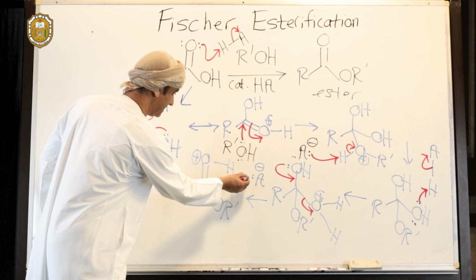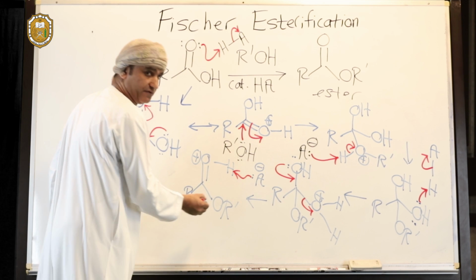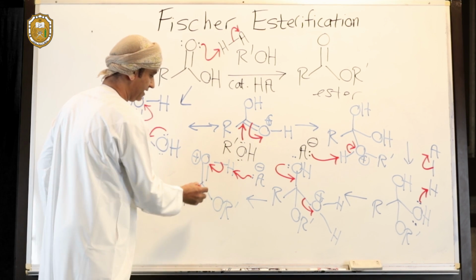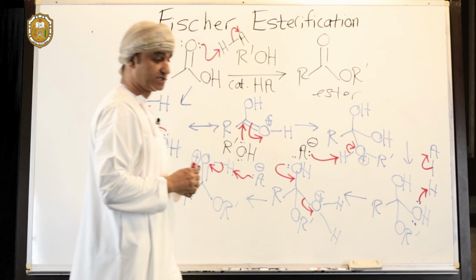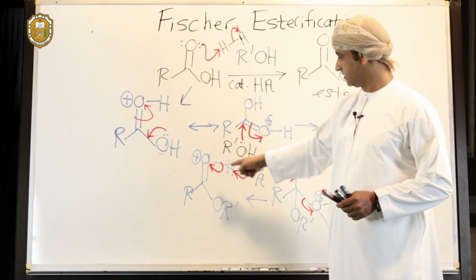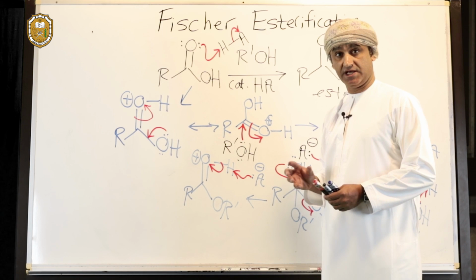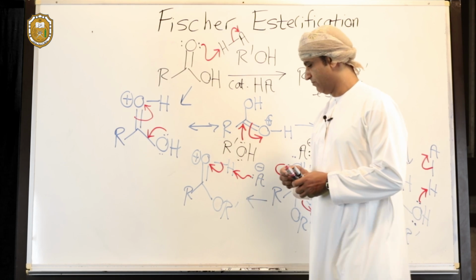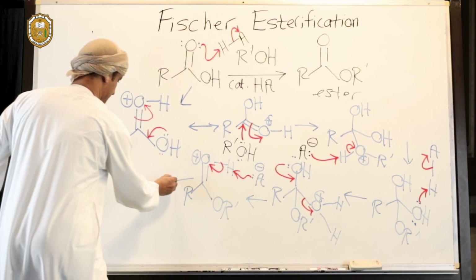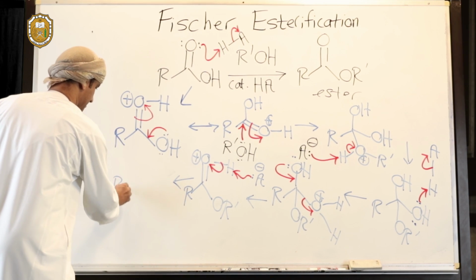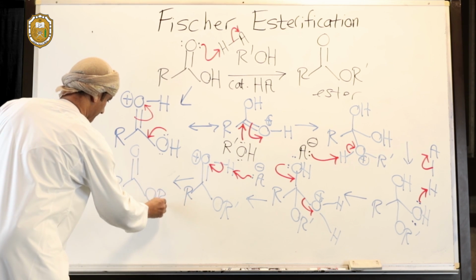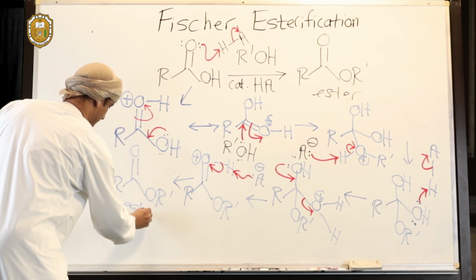So the conjugate base then comes in, it takes off that proton, and the hydrogen-oxygen bond is broken, releasing electrons to that positively charged oxygen, furnishing the last, the final ester product, which is obviously the one that also appears in the general scheme. So that's the ester.